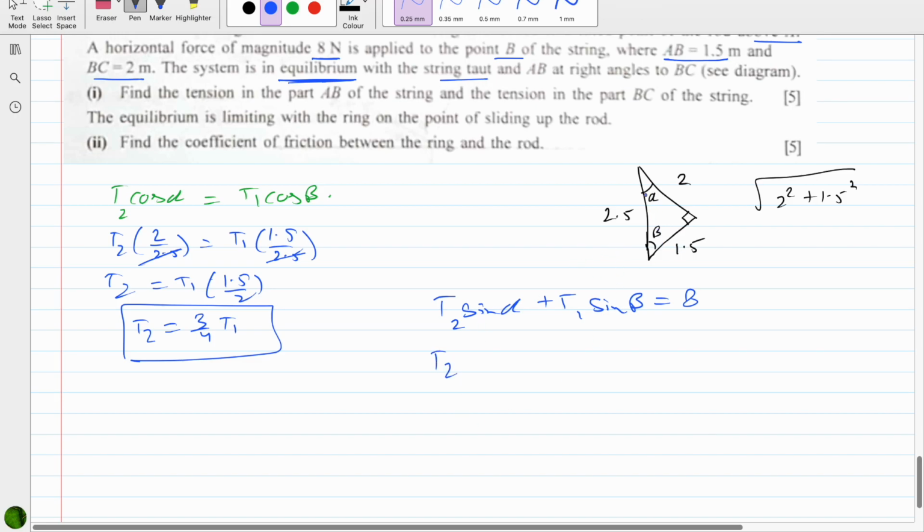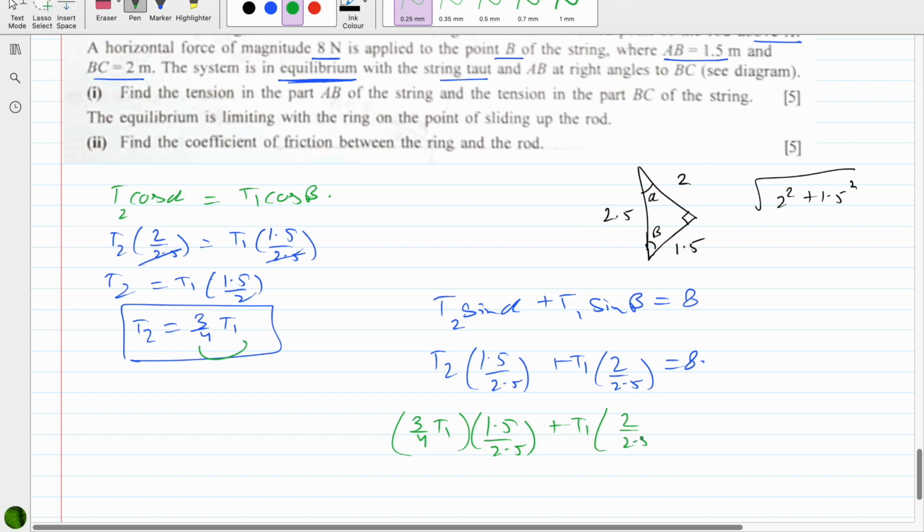T2 sin alpha is 1.5 by 2.5 plus T1 sin of beta is 2 by 2.5 equals 8, and we can replace T2, which is 3 by 4 of T1, into 1.5 by 2.5 plus T1 into 2 by 2.5 equals 8.